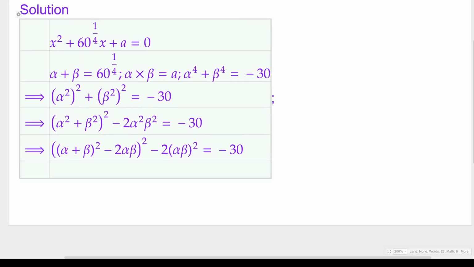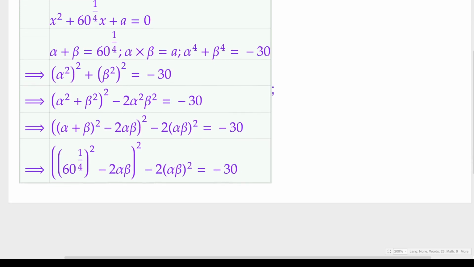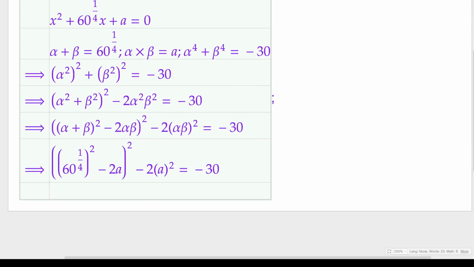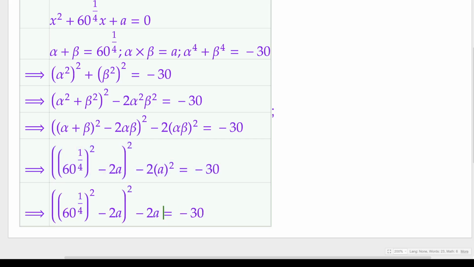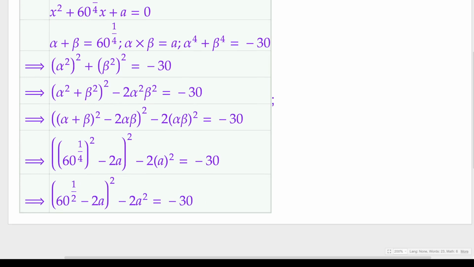Now these are the values that we already know, so let us plug in all the values that we have already computed. Alpha plus beta is 60 to the power 1 by 4, and alpha times beta is nothing but a. Now we have all the constants and one variable. On resolving this, I'll get 60 to the power 1 by 2 on squaring, minus 2a.